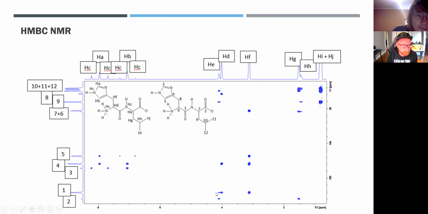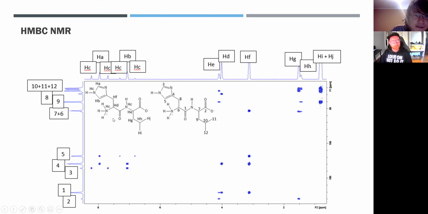So you see here that carbon 2 interacts with HE, while carbon 1 interacts with HE and HD. So carbon 2 belongs to the C terminus, which is leucine, while carbon 1 belongs to histidine.